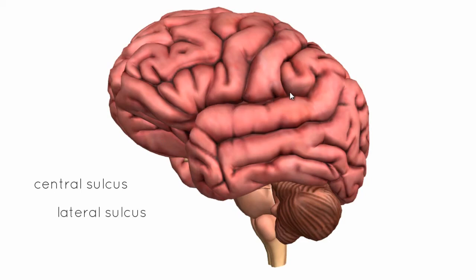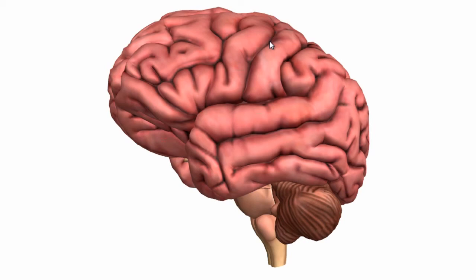And I'll do another tutorial which goes through all these different grooves and ridges. But the reason I showed you these 2 sulci, the central sulcus and the lateral sulcus, is because these 2 sulci can be used to separate some functionally important lobes of the brain.